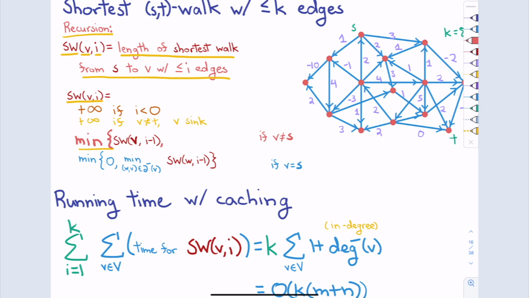Or I can try to figure out all the edges coming in to v. Sorry, this should be wv.